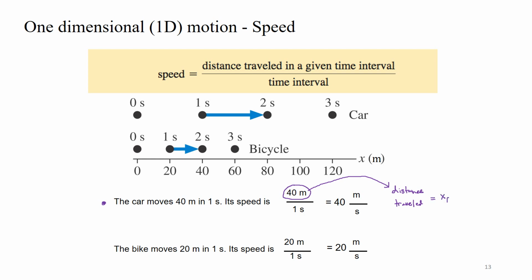So you take the final position x final, subtract the initial position x initial. And you can choose any 2 points, choose one of them to be x final, one to be x initial. So here we have chosen 2 seconds as our x final and 1 second as our x initial. So we have to find the corresponding position at 1 second and 2 seconds.